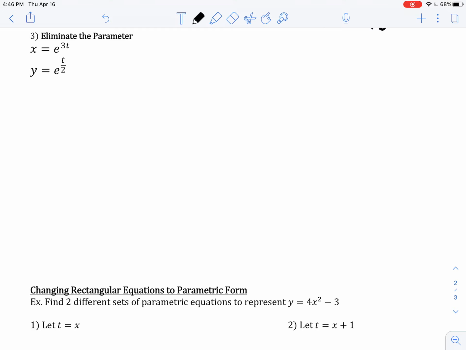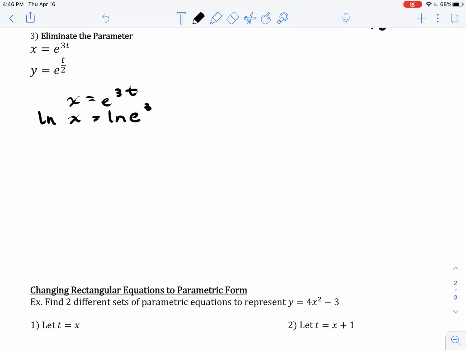So if you went ahead and sat here and wrote, okay, x is equal to e to the 3t, and asked yourself, what can I do to isolate t? What can I do to get t by itself? And the fact that we're looking at one side being e to the 3t power, the answer probably lies in the fact that we want to take the natural log of both sides.